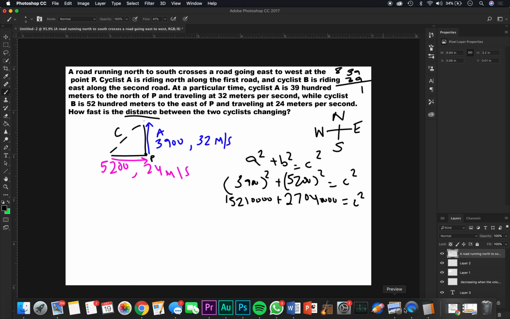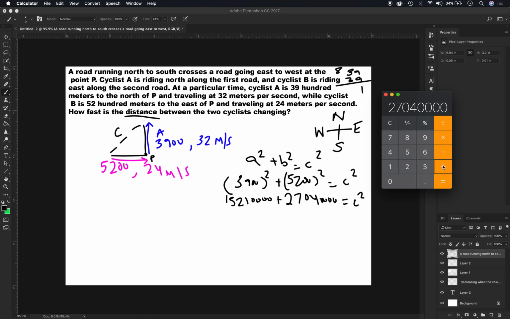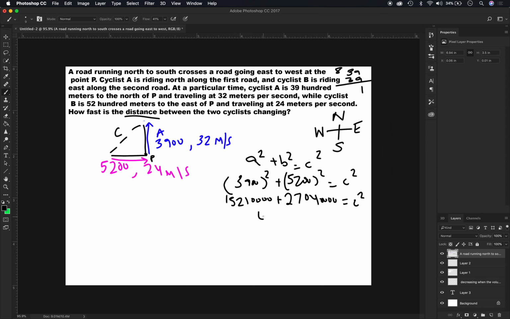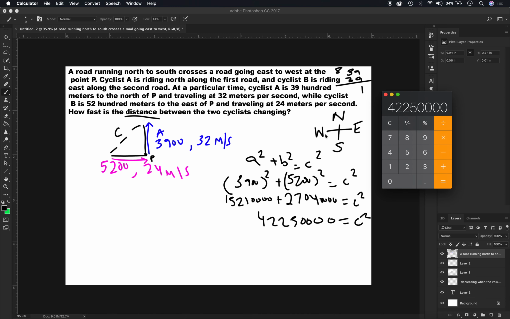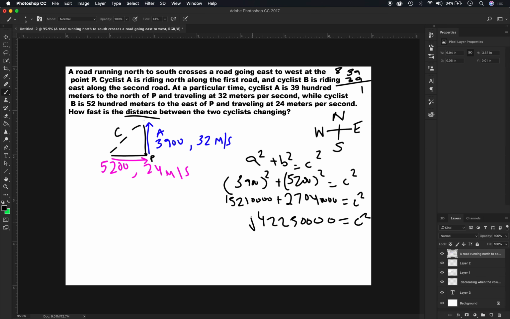Lovely. We're going to add these things together, these horrific numbers. 1521, 1, 2, 3, 4. Oh no. 4225, 1, 2, 3, 4 equals c squared. Jesus Christ. What's the square root of that?